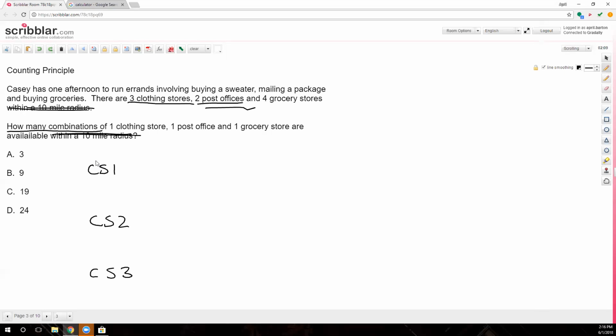So for every clothing store you could pick, first you make a choice. Say you choose clothing store 1. Then you have a choice to make for the post office. You could pick post office 1, or you could pick post office 2. But instead, say you chose clothing store 2, you could have picked post office 1 or post office 2 after that. So see how it's getting bigger each time.